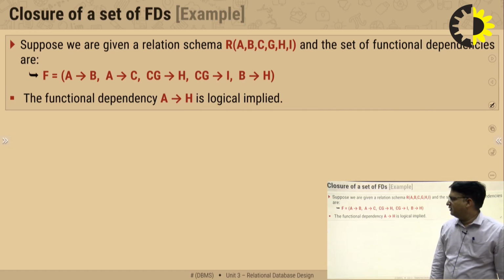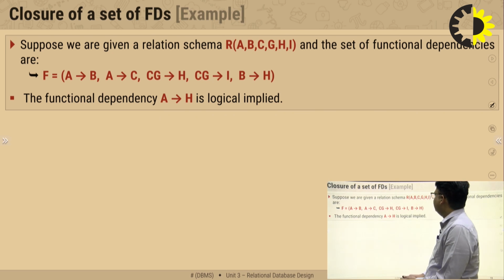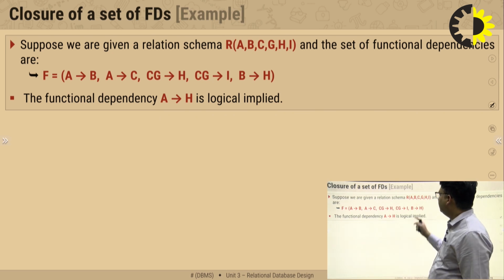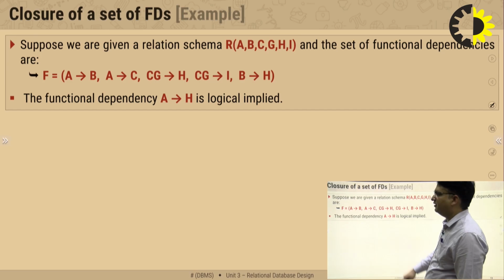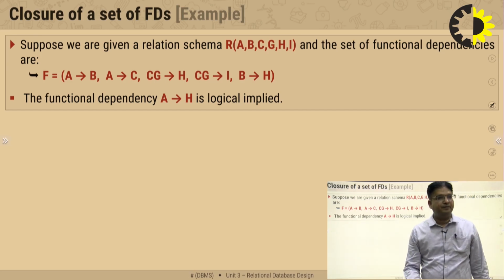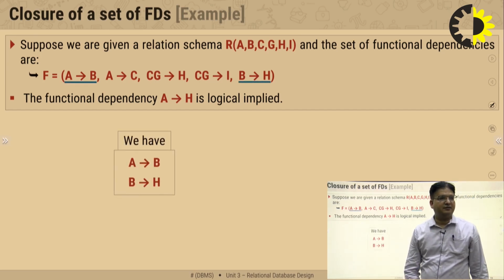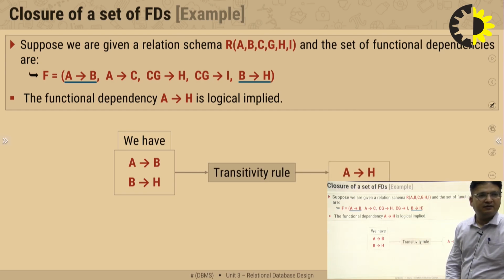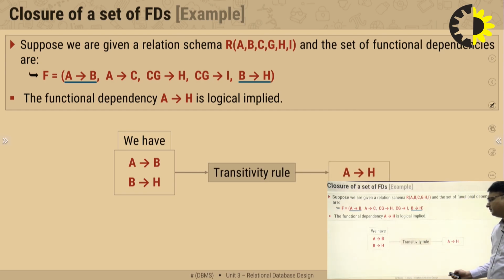Clearly we see that A determines B and B determines H. This means A determines H, that is the transitive rule. This one is after the application of the transitive rule.